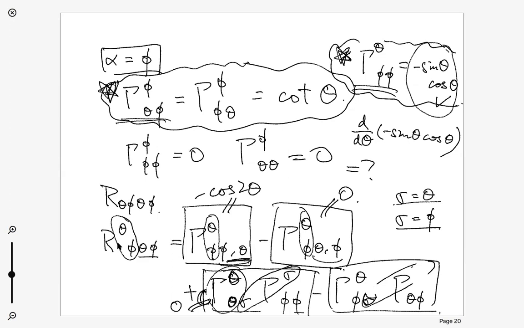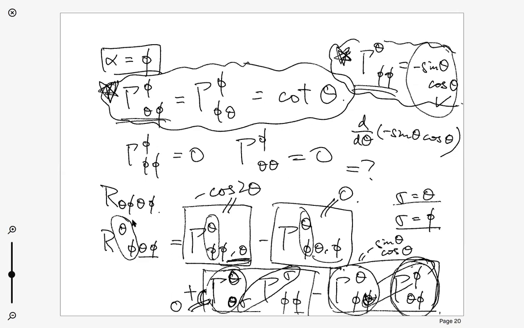But when sigma is phi, I can erase this, and then phi and phi here. Obviously, this term would be nothing but minus sine theta cosine theta, right? What about the second term here? Can anyone quickly tell me what this term is?